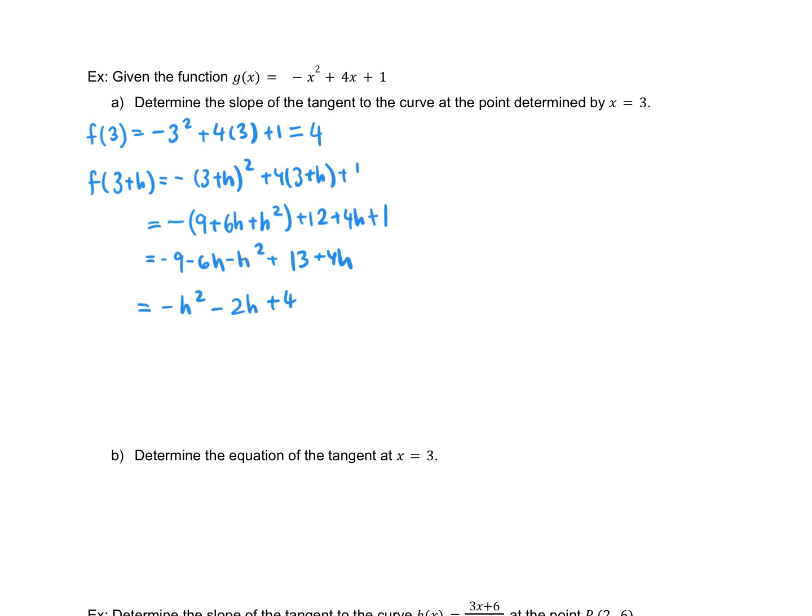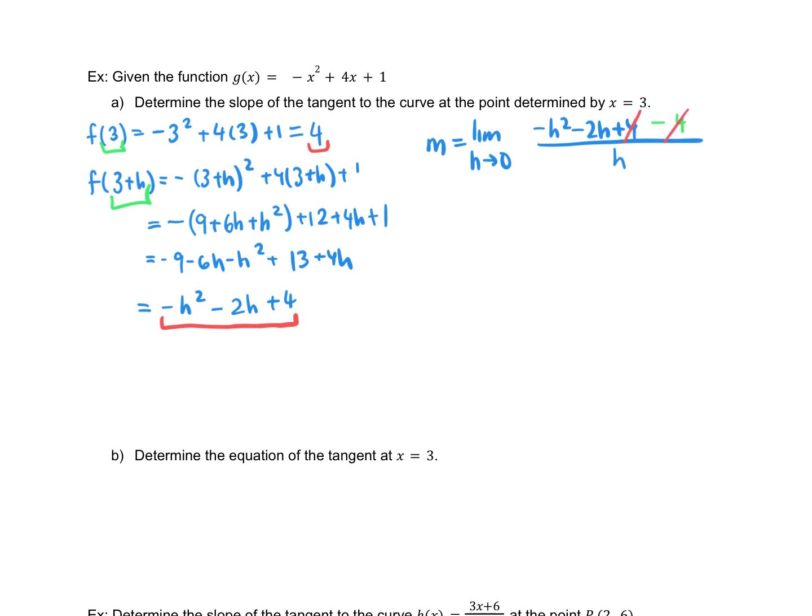And now I'm ready for my difference quotient. So the slope of the tangent line will equal the limit as h approaches 0 of y2 minus y1. So negative h squared minus 2h plus 4 minus 4, all over x2 minus x1, but 3 plus h minus 3 would just be h. And then let's see what happens.